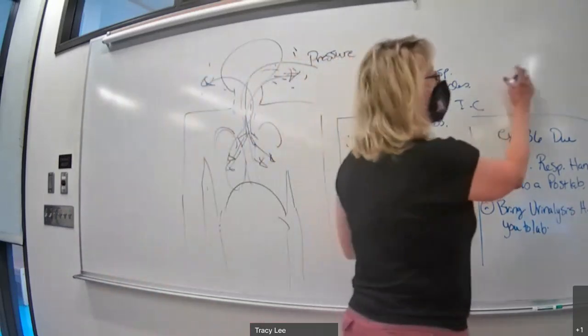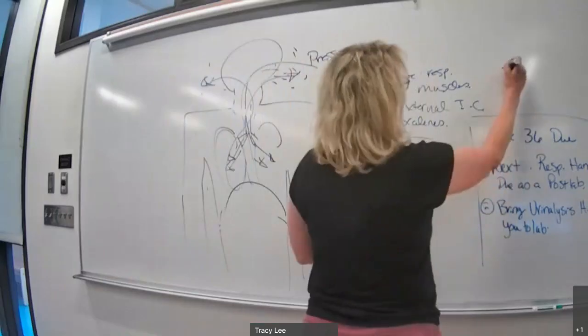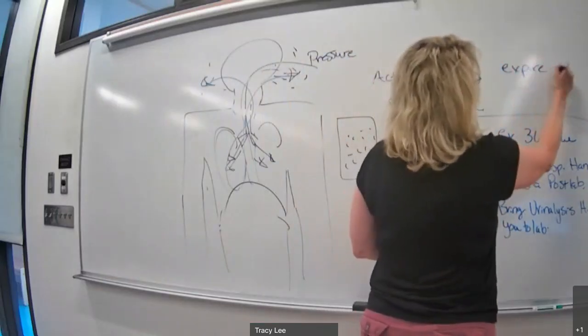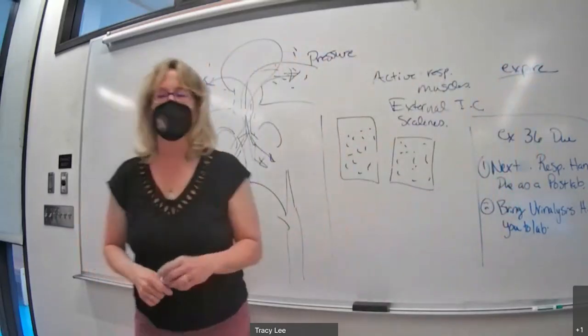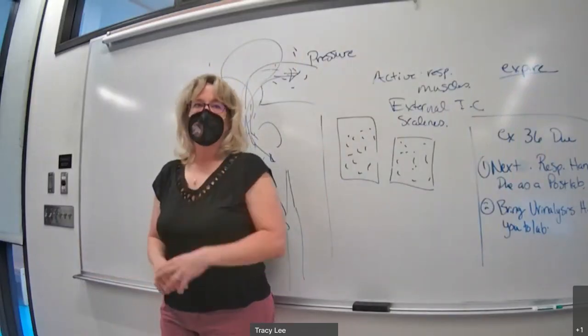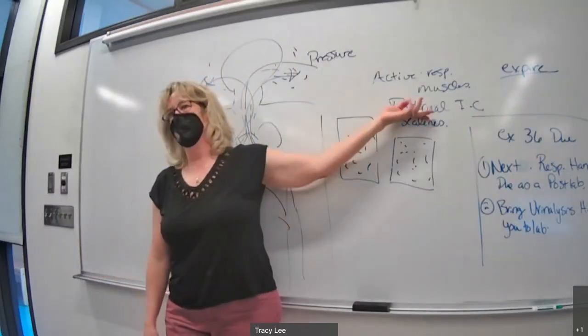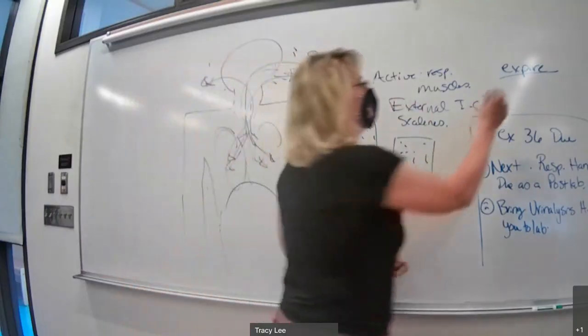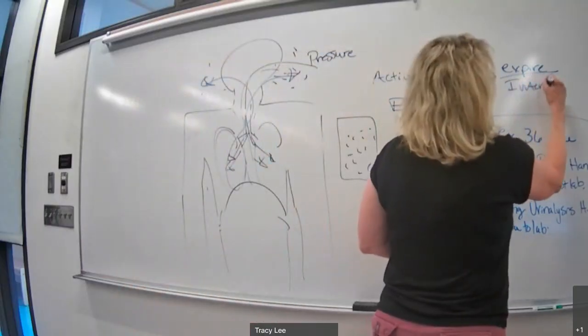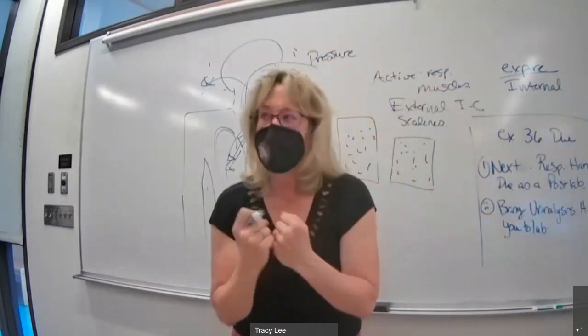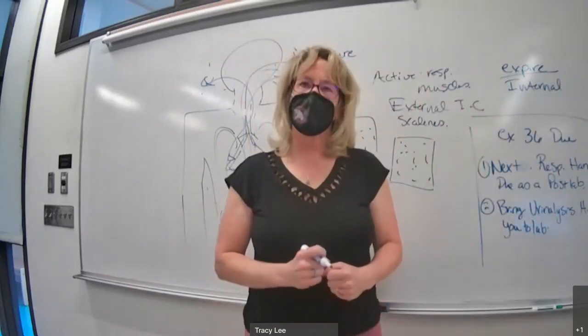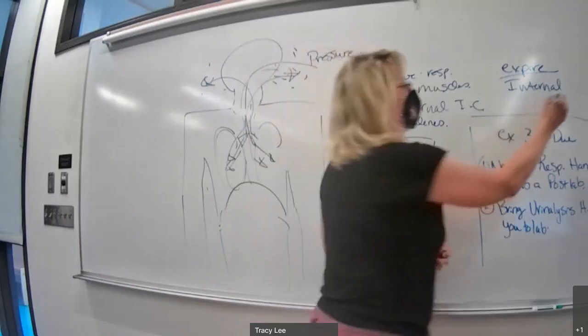What are some muscles that would do forcible expiration? What muscles would help us to forcibly expire? Who's the opposite to external intercostals? Internal intercostals. So these guys can squeeze my container down and make it even smaller if I engage those muscles.